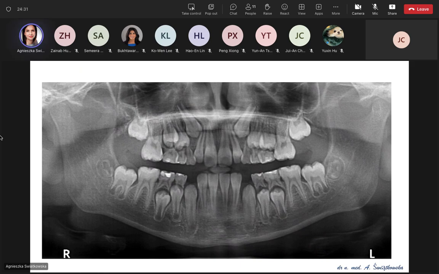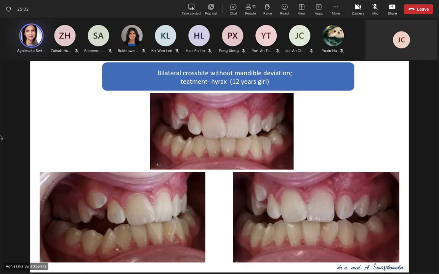In the PG of this patient, you see there was incorrect position of the canine, but if we are planning huge expansion in the treatment, usually we don't need extraction of canine and deciduous molars, because if we have more place during this expansion, which we achieve, usually the canine changes the position and erupts correctly.